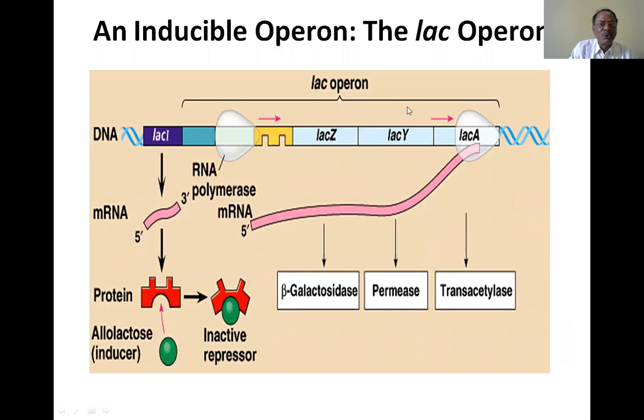Whenever the inducer material, that is lactose, is there, these three genes should produce proteins, which are enzymes: beta-galactosidase, permease, and transacetylase. All these three enzymes put together digest or metabolize lactose to produce energy for the organism.